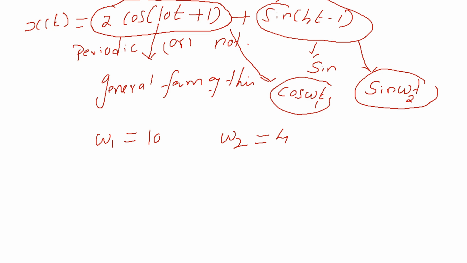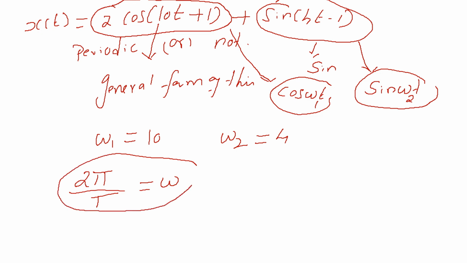But what is the relation between omega and the time period? You can check our class notes. 2 pi by T is equal to omega. This is the formula, or else I can also write it as 2 pi f is equal to omega.